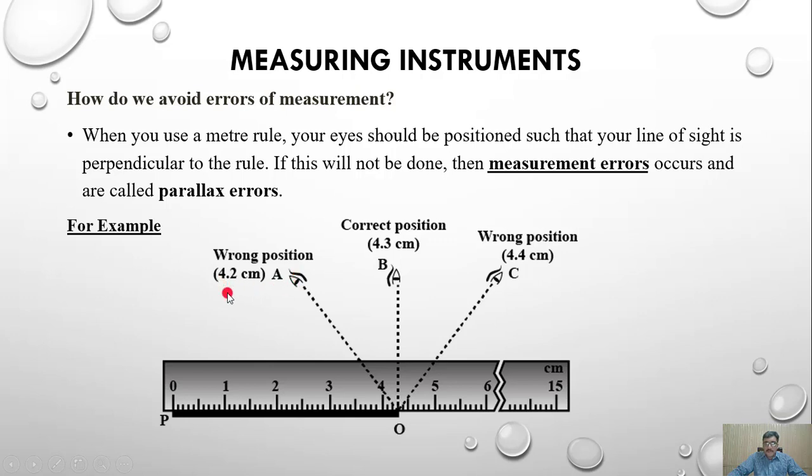It might be possible you are measuring 4.2 centimeter. If you are reading from point C, it might be possible you are measuring 4.4 centimeter. So these wrong positions, where we get 4.4 centimeter and 4.2 centimeter, give us parallax errors. The correct position is the one I was talking about, where your line of sight is perpendicular to the rule.